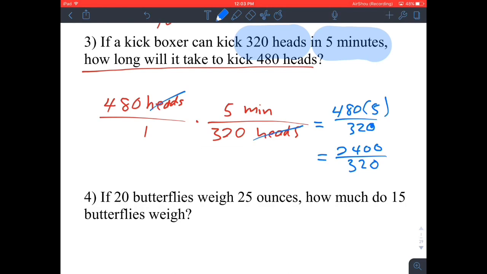Divide that by 320, and you're going to get 7.5. It asks for minutes. How long will it take? It'll take 7.5 minutes.